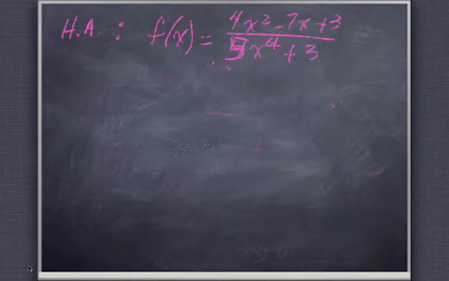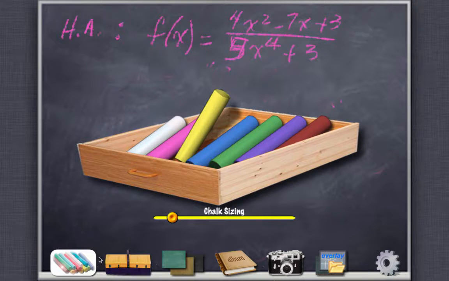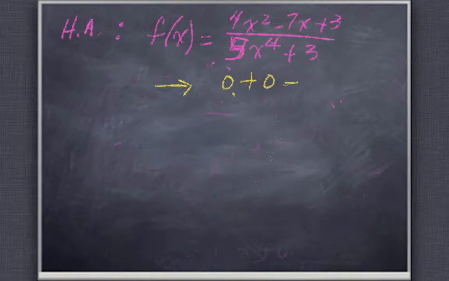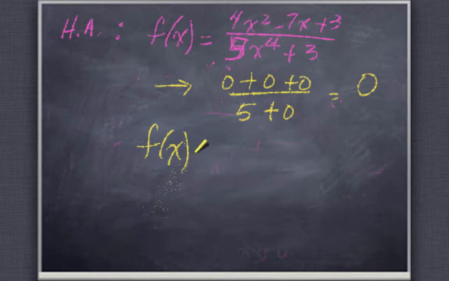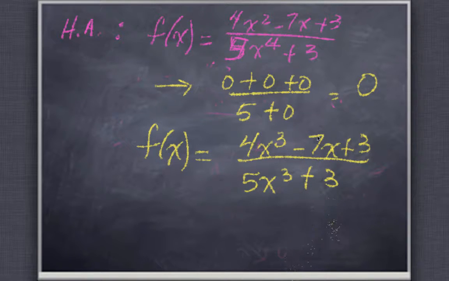So this will go to 0 plus 0, or minus 0, plus 0 over 5 plus 0, which is 0 over 5. If instead I had f of x equals 4x cubed minus 7x plus 3 over 5x cubed plus 3, now what I would divide through by is x cubed.